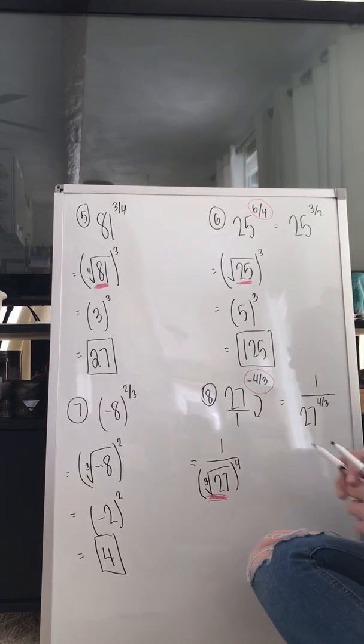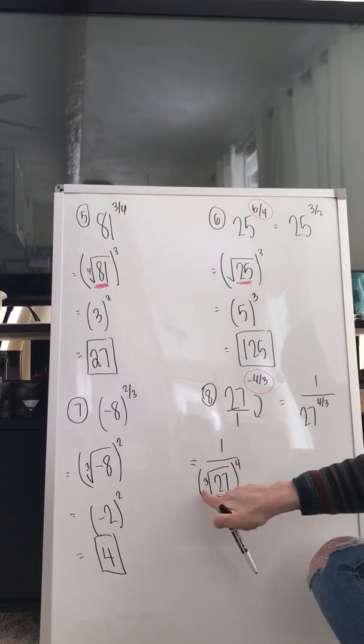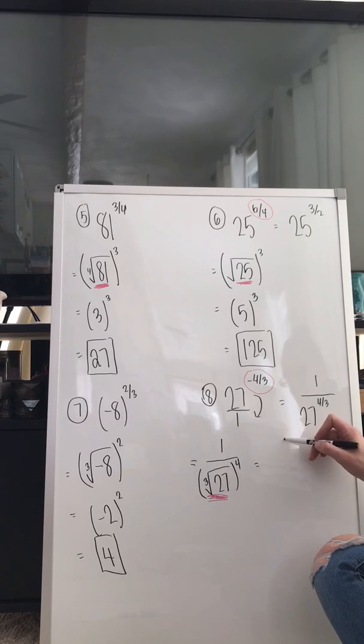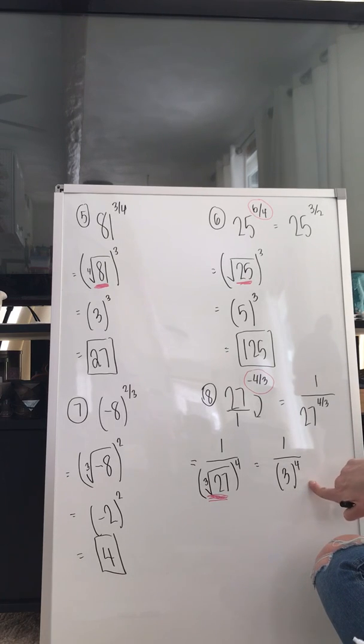So the cubed root of 27, that's asking me what number raised to the 3rd power gives me 27. That would be 3. So I'm going to make this into 1 over 3 to the 4th. And then I can just go ahead and evaluate 3 to the 4th, which would be 81. So this becomes 1 over 81.